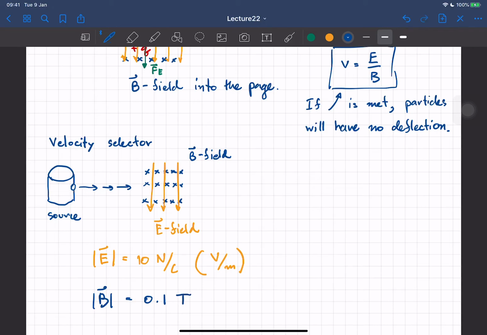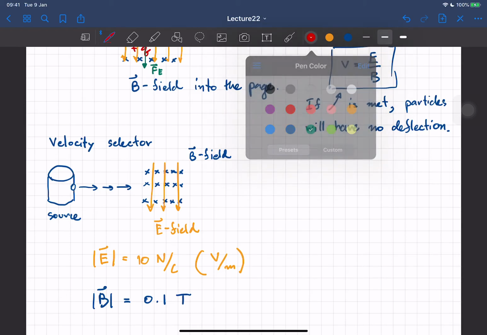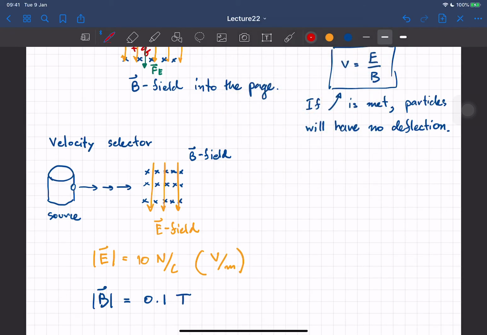It's comfortably producible by a normal electromagnet. So what is the velocity that meets this condition? V equals E over B, so it's equal to 10 divided by 0.1. That's going to be 100 meter per second.